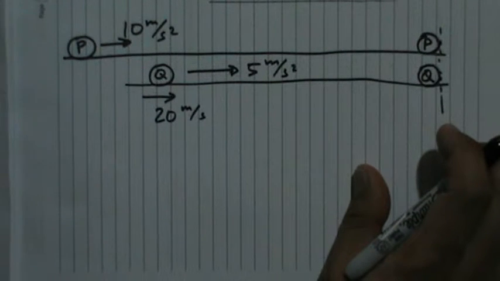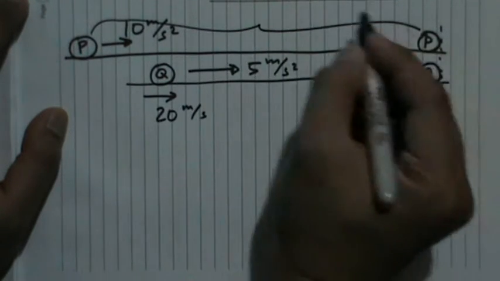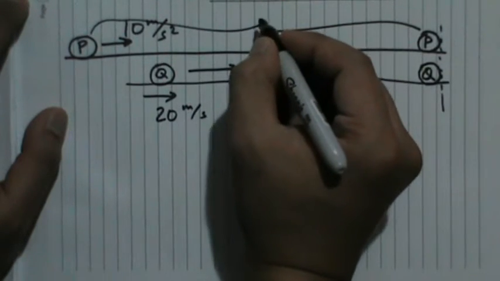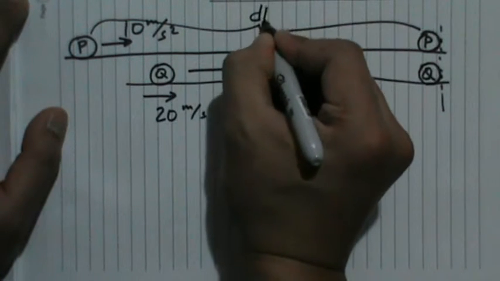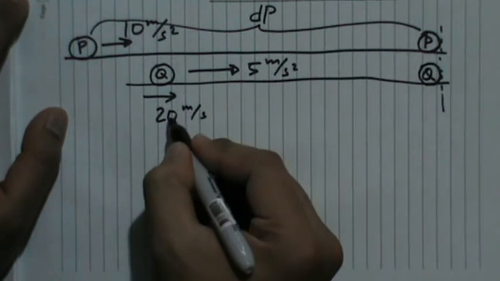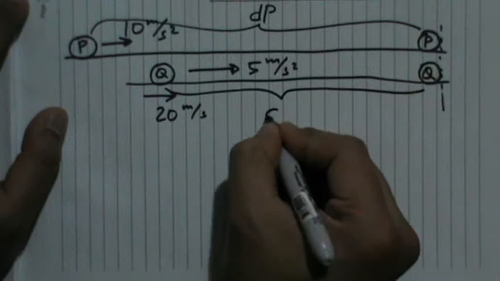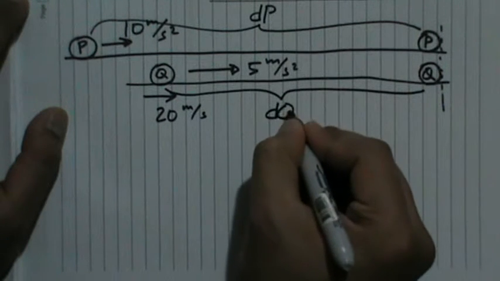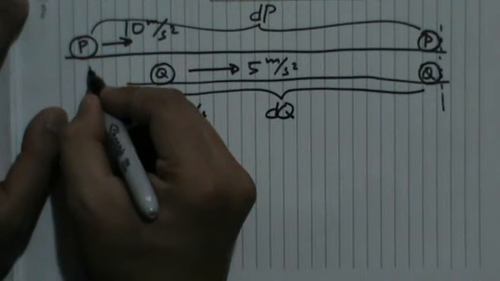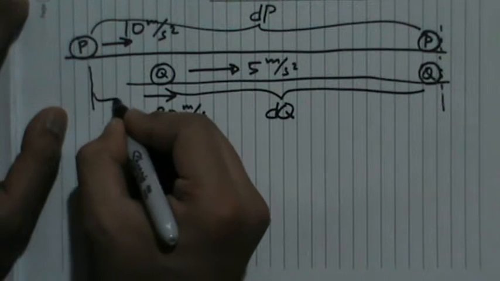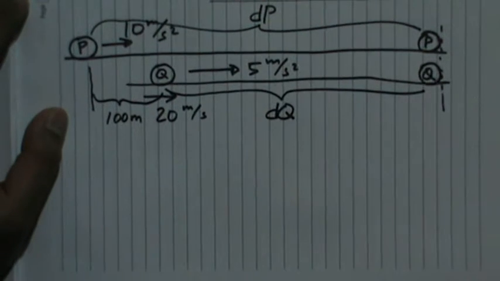Now let's define the distance traveled by both cars. So the distance traveled by P here is distance P or dP, and the distance traveled by Q here is distance Q, dQ. And remember that initially they are 100 meters apart.